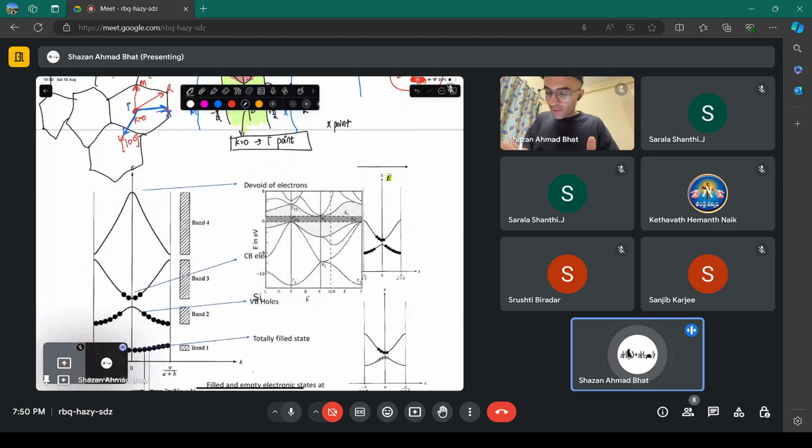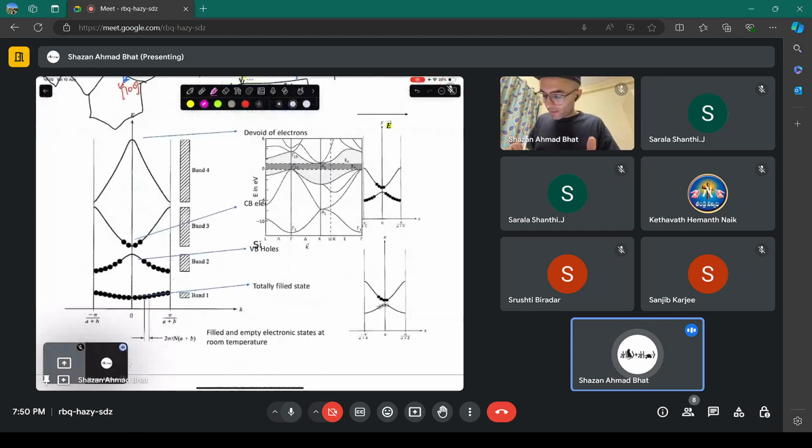So what I have drawn is only this particular part, which is from gamma towards the X direction, and the L direction is another direction. But there is a band gap.